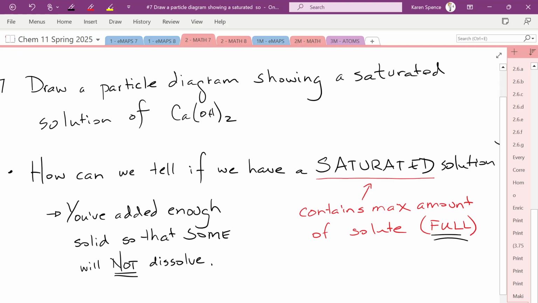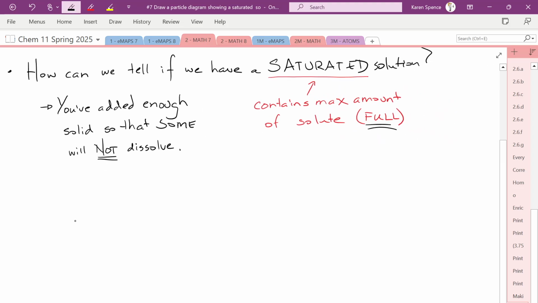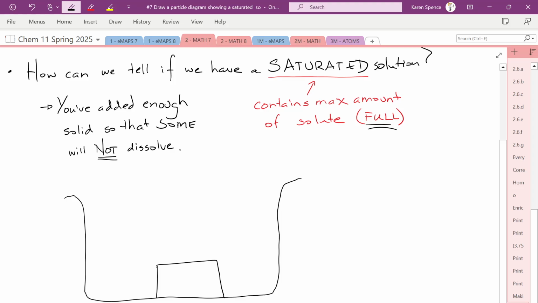So we have, in our little beaker here, Ca(OH)2 solid. I'm just going to put it in one lump at the bottom. I know it's not in one lump, but we're going to make it easy that way.